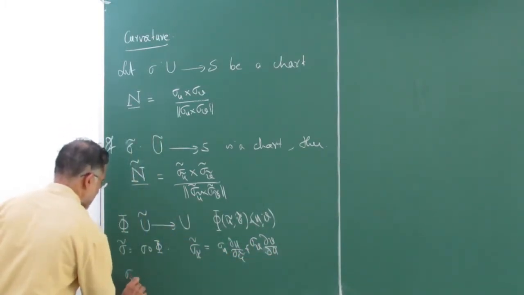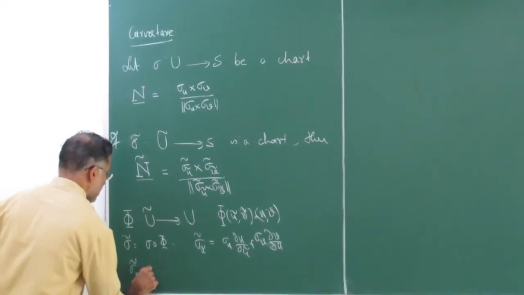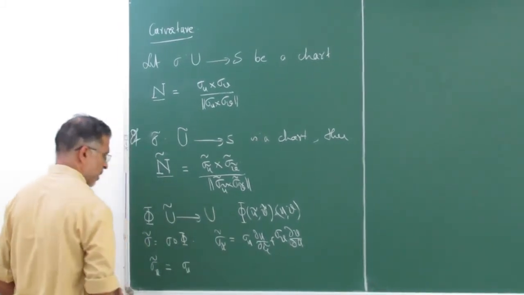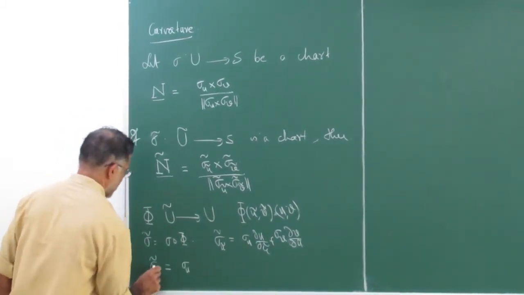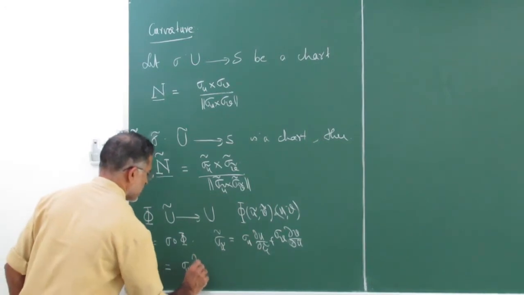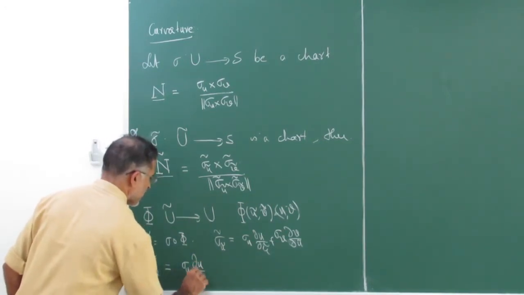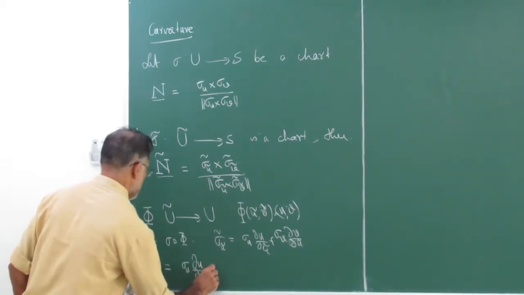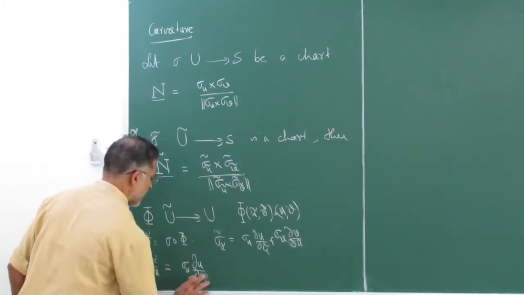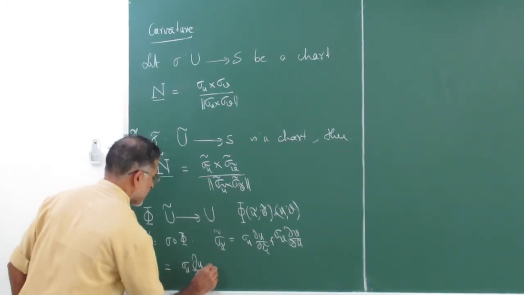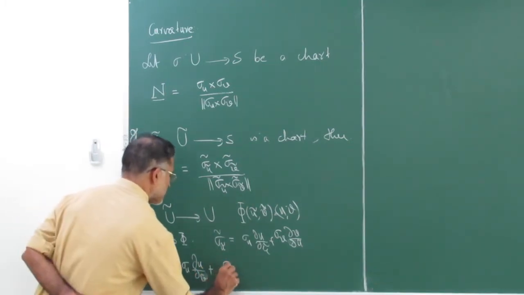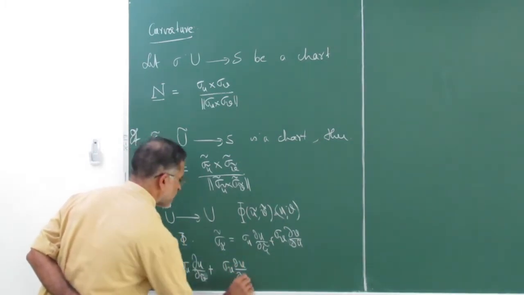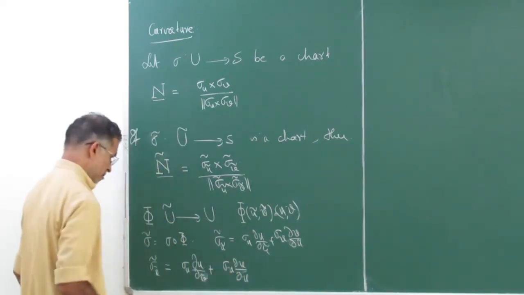And sigma tilde v tilde, again the same principle: sigma u du by dv tilde plus sigma v, then that v is differentiated with respect to v tilde.